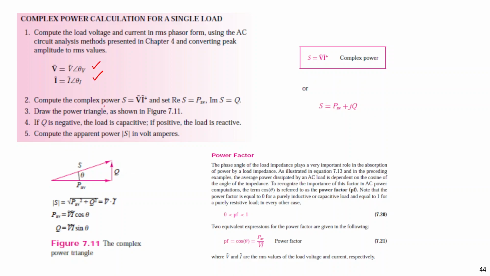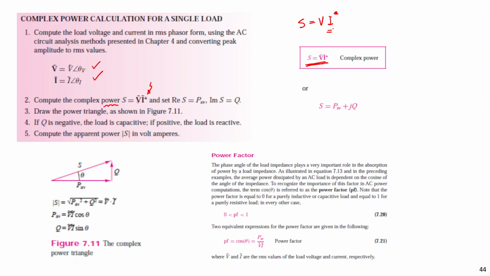The power is the voltage multiplied by the current, and we put the conjugate on the current. We call this the complex power. S is VI conjugate.